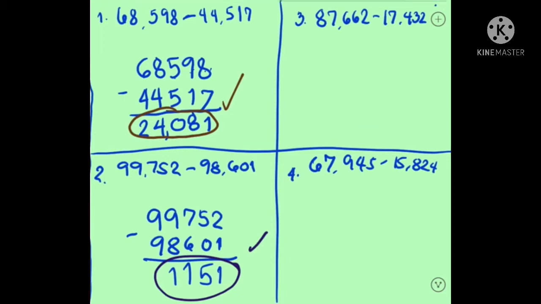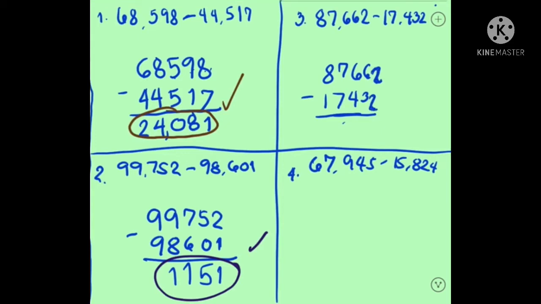I'll do it again, alright? So make it more clean. And then 17,432. Okay, then we will now put the symbols, of course, and let's now solve.